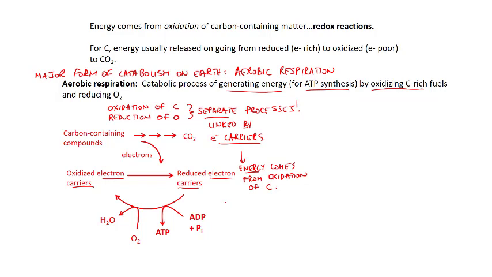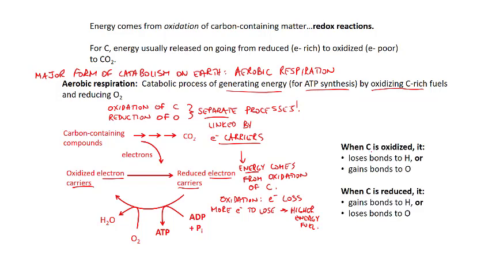All right, so that means that, recall that oxidation is electron loss. So any compound that has more electrons to lose is going to be a higher energy fuel source. So there's a rule of thumb, all right? When carbon is oxidized, oxidation is loss of electrons. When carbon is oxidized, it either loses bonds to hydrogen or gains bonds to oxygen.